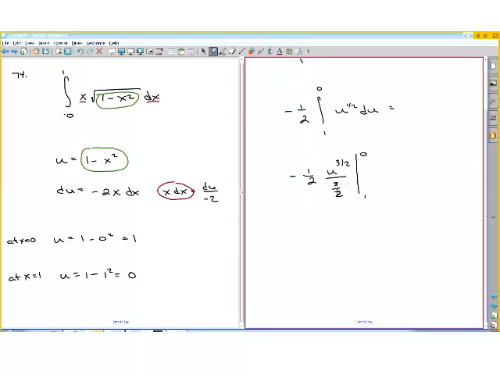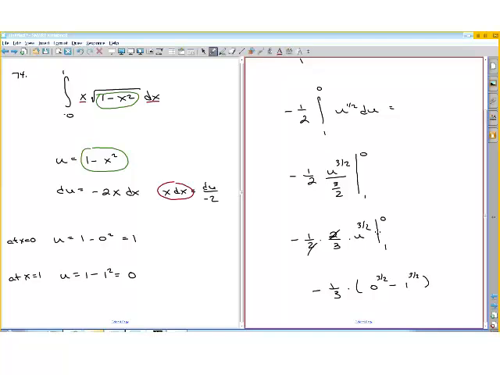Okay, before we do the evaluation, let's clean this up. So we have negative 1/2 times the reciprocal of 3/2, which is 2/3, times u to the 3/2 between 1 and 0. The 2s cancel out, so we get negative 1/3 times u. We're going to use u is 0 at the upper limit, minus 1, which is the lower limit, also to the 3/2 power.